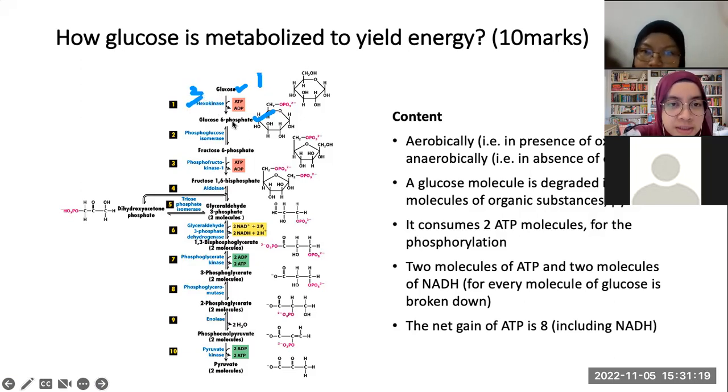And then glucose 6-phosphate is converted into fructose 6-phosphate, so that is the 4th mark. Okay, and then you mention the enzyme's name, phosphoglucose isomerase, and so on. So that is how you get marks. You have to mention the molecule conversion and who catalyzes the reaction.